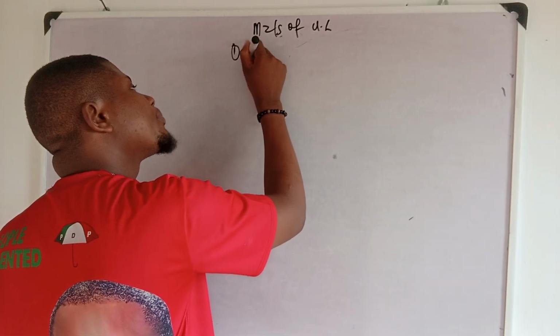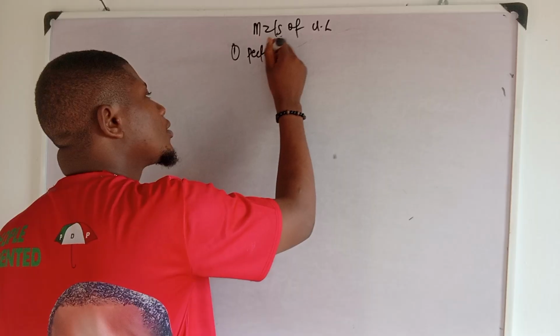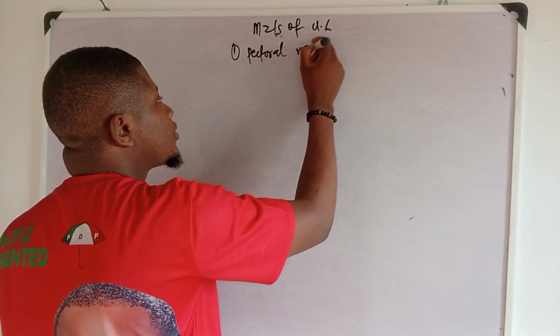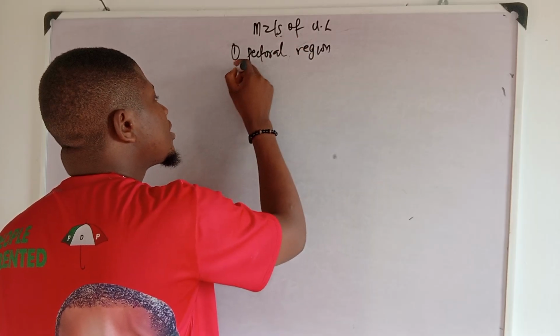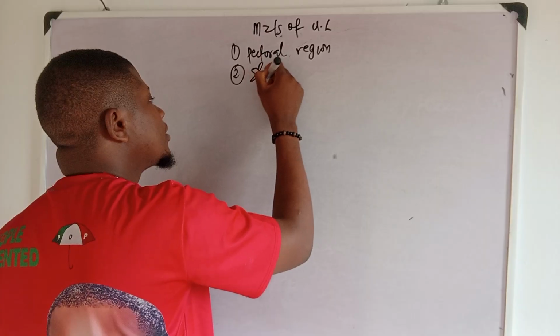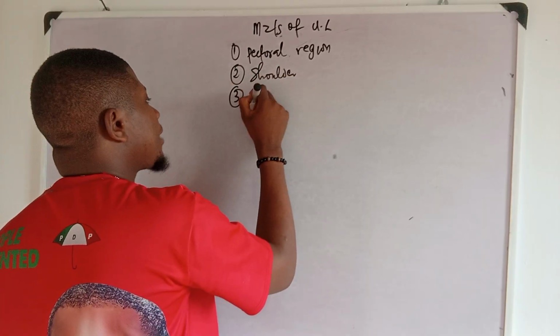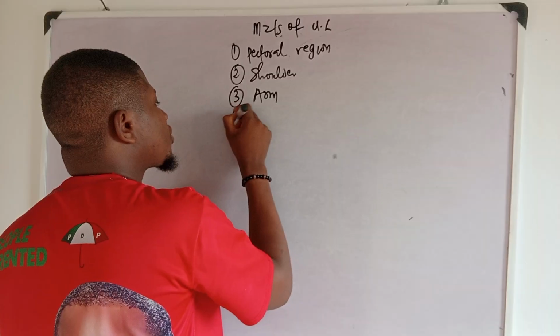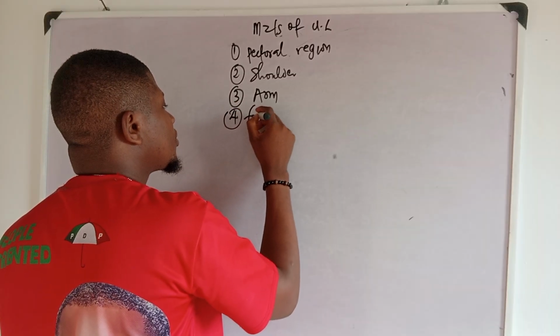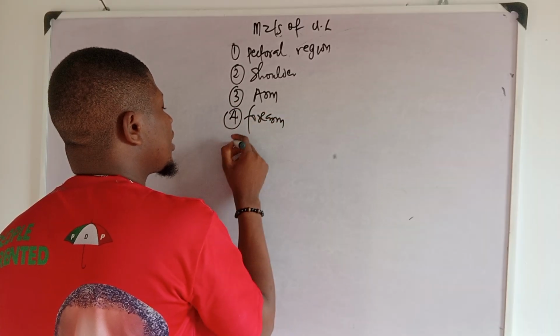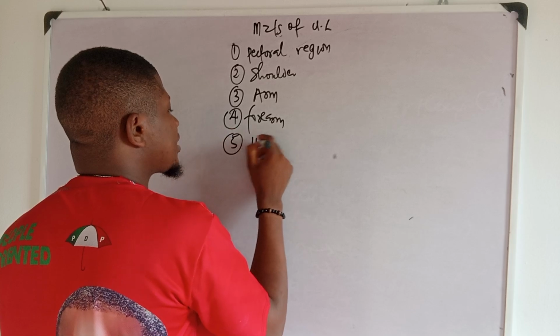The first one is the pectoral region, the second one is the shoulder, the third one is the arm, the fourth one is the forearm, and the fifth one is the hand.